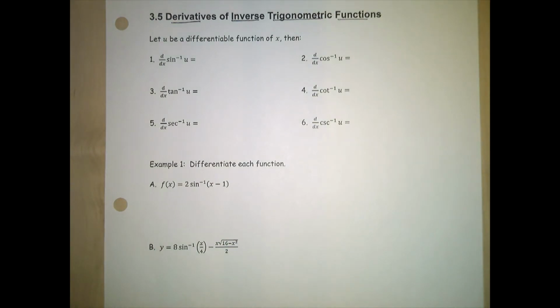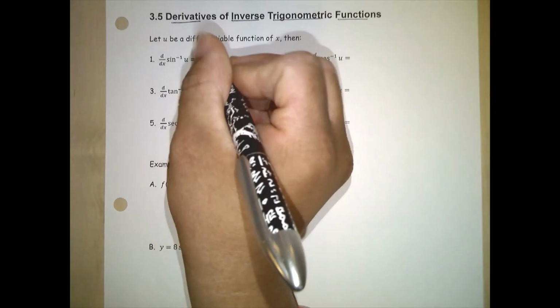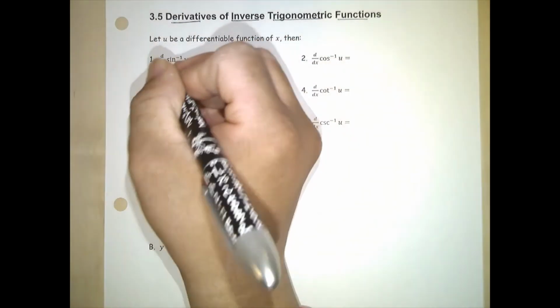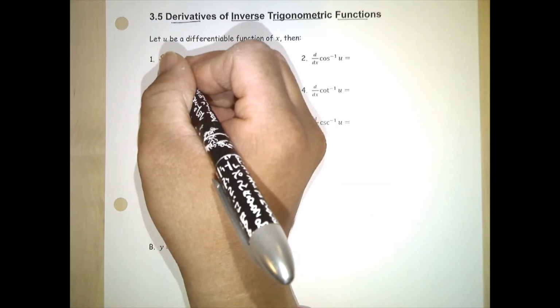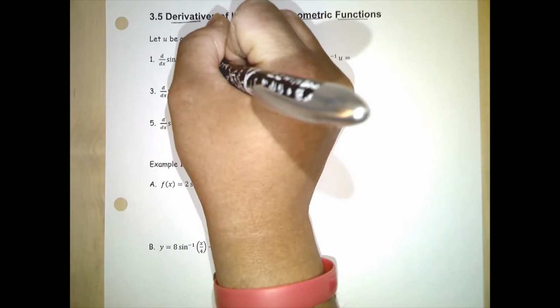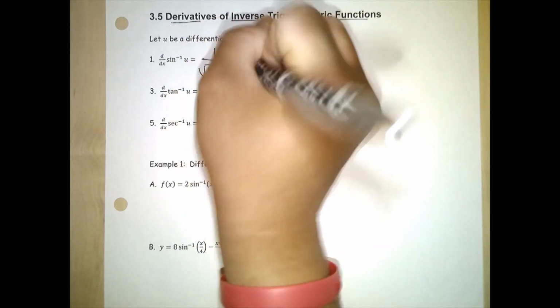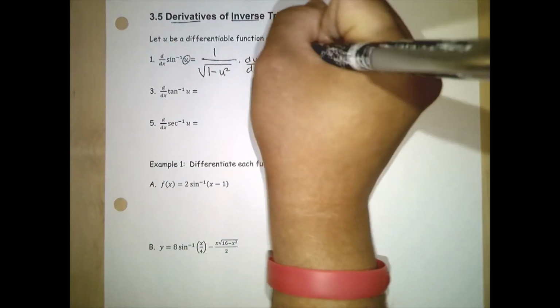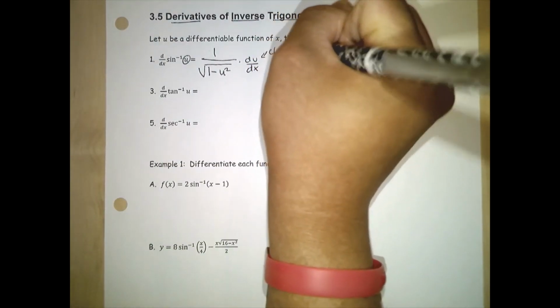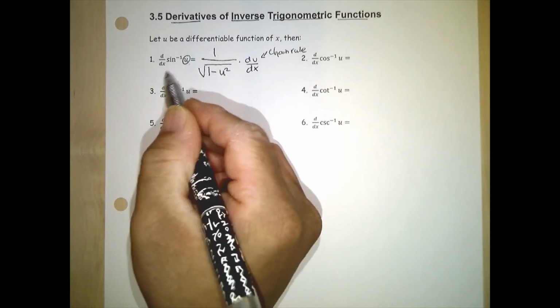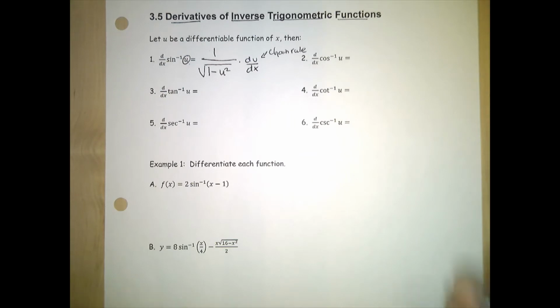Alright, so let's let u be a differentiable function of x. Then the derivative with respect to x of the sine inverse of u is 1 over the square root of 1 minus u squared times du/dx. This du/dx is here because we need to use the chain rule, since u is a function of x.